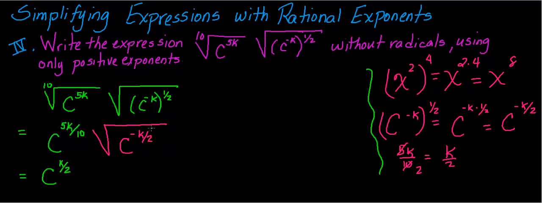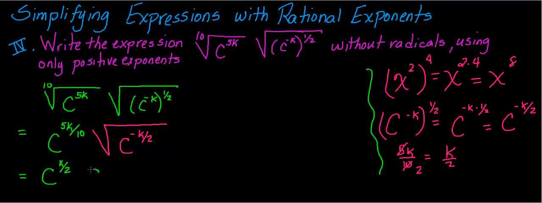And the radicand has an exponent of negative k halves. Now this exponent, remember, will become the numerator of the fraction, and the root, or the index here, which is 2, becomes the denominator. So this is how this is going to look.